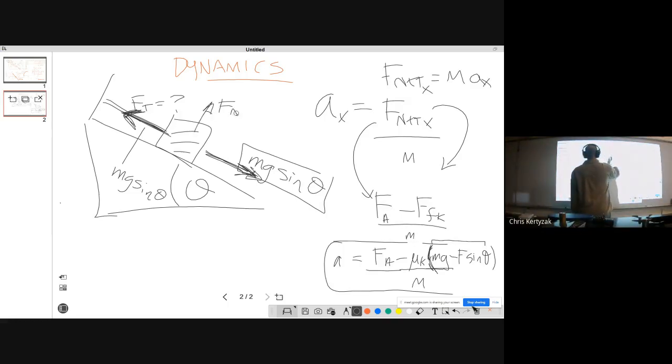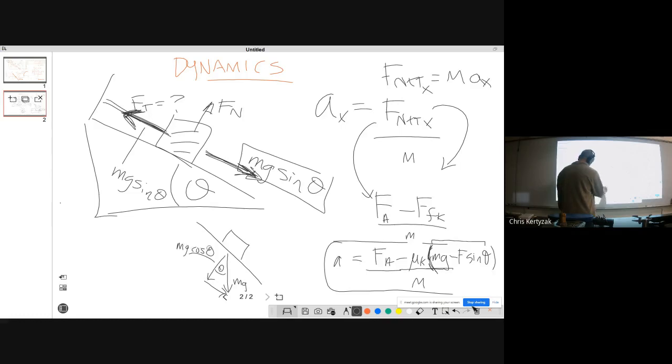I don't know. I just know that when we're talking about the y component of gravity, when we draw this box like this, we draw mg down, and then we draw this y component right here. This is mg cos theta.